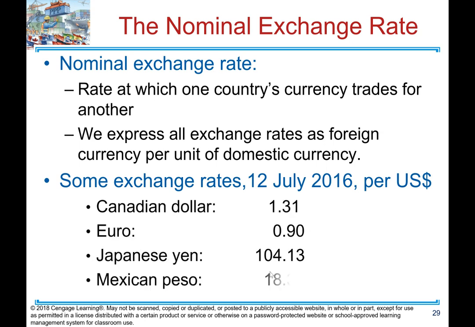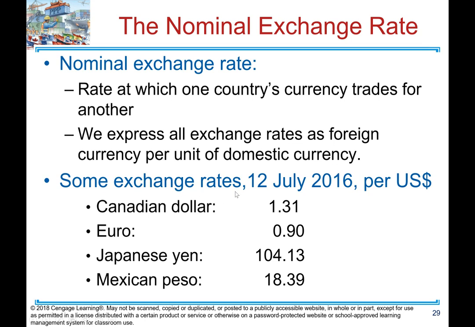Nominal exchange rate. Nominal exchange rate is the rate at which one country's currency trades for another. We express all exchange rates as foreign currency per unit of domestic currency.